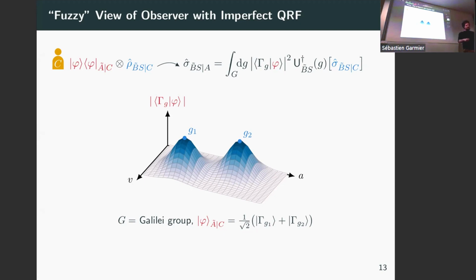But then each peak is kind of broadened, and this is for the same reason as in the previous graph. It's because the frame is imperfect. Of course, if the peaks are close, then they are no longer distinguishable, and you start to see this idea that an imperfect frame cannot perfectly distinguish things.